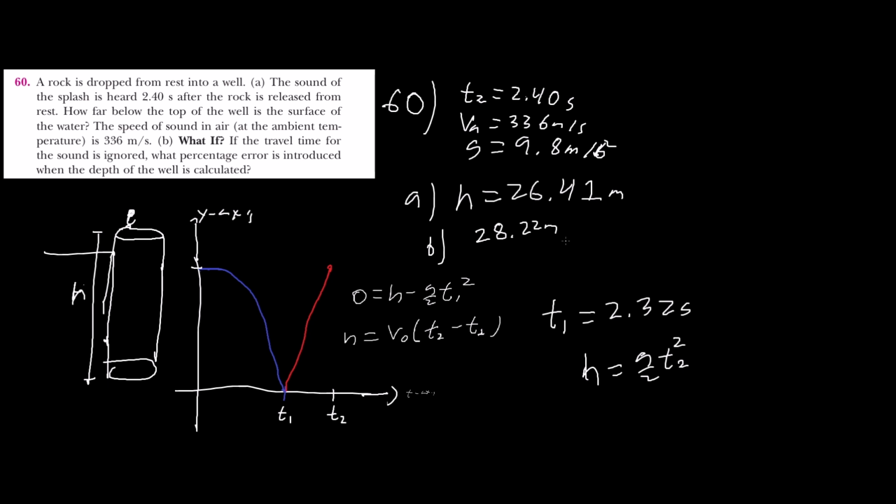So let's take the lowest value divided by the highest value, which is 28.22, multiplied by 100 to make it a percent. And I'm going to take 100 minus that piece.